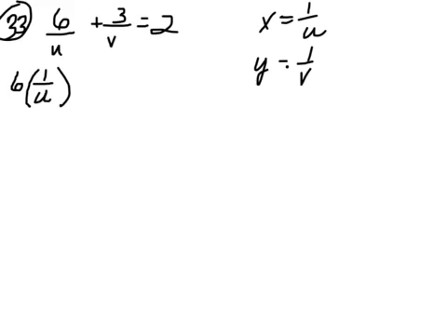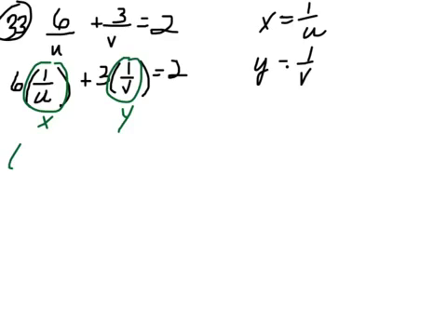If you multiplied it out, you'd get 6 over u. And 3 over v can be written as 3 times 1 over v equal 2. Now, if you look at this, 1 over u is x, and this 1 over v is y, so what we have is 6x plus 3y equal 2.